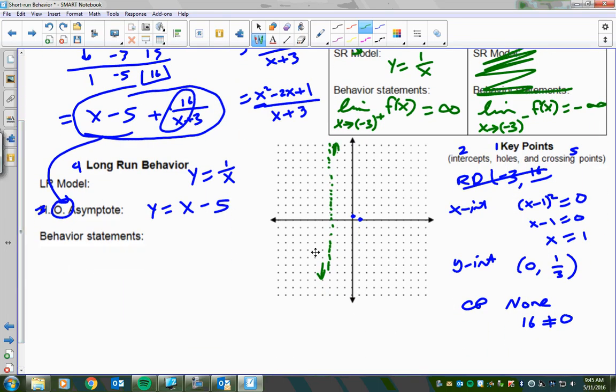Draw that line. x minus 5 is negative 5. You can go up 1, right 1, or up 2, right 2. Do a good job of drawing your lines.